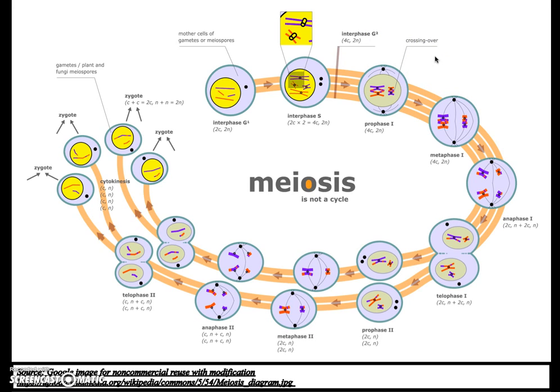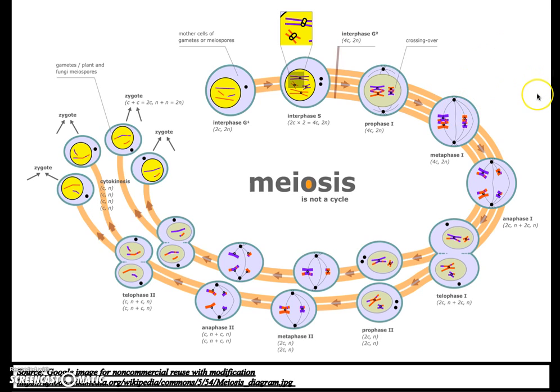If it happens, the chromatids break and may be reattached to different homologous chromosomes. Due to crossing over, new associations of genes and alleles might happen at prophase 1.